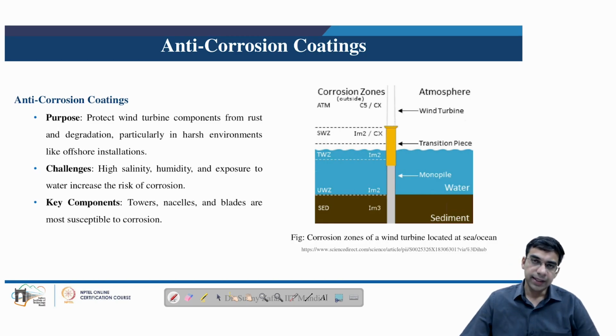Challenges like high salinity, humidity, and exposure to increased water lead to a high risk of corrosion. Towers, nacelles, and blades sometimes become very susceptible to corrosion. So these coatings are applied especially on the nacelle and the tower part.